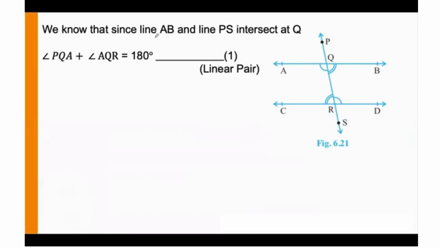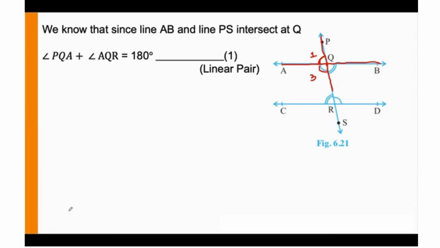We know that since line AB and line PS intersect at Q, angle PQA plus angle AQR, let's call them angle 1 and angle 3, make 180 degrees, right?